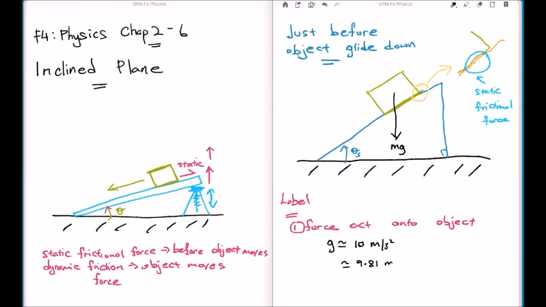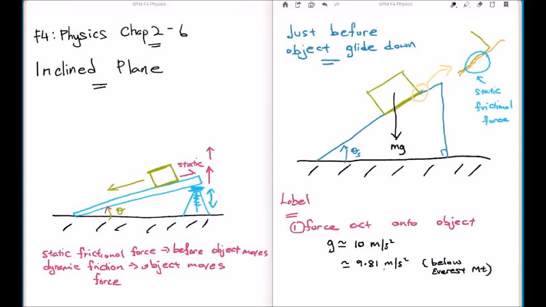This value is accurate as long as the object is located below Mount Everest, a mountain about 8 kilometers high. As long as this object is located below Mount Everest, the gravitational acceleration is accurate to be 9.81.